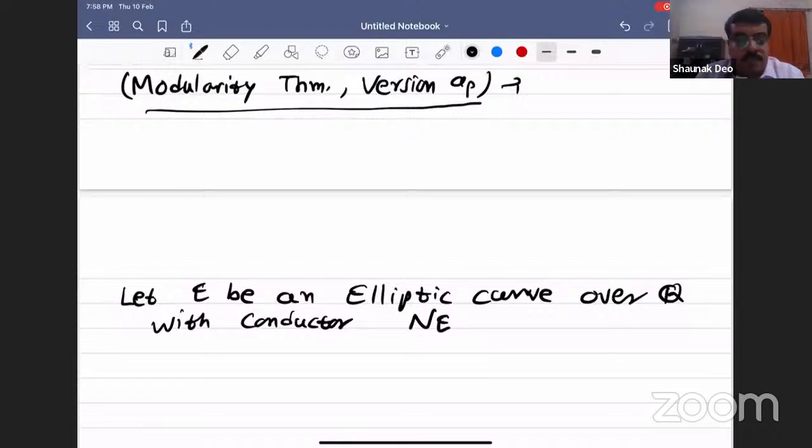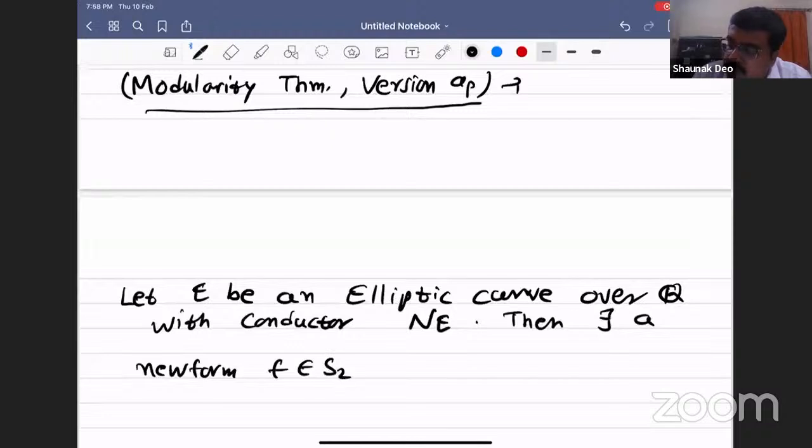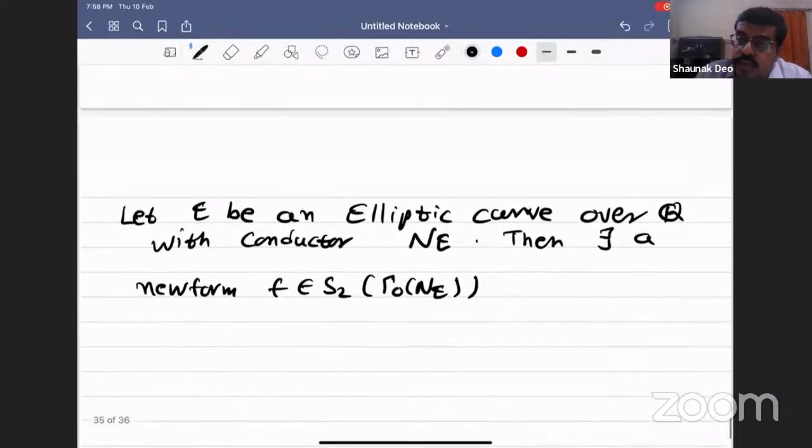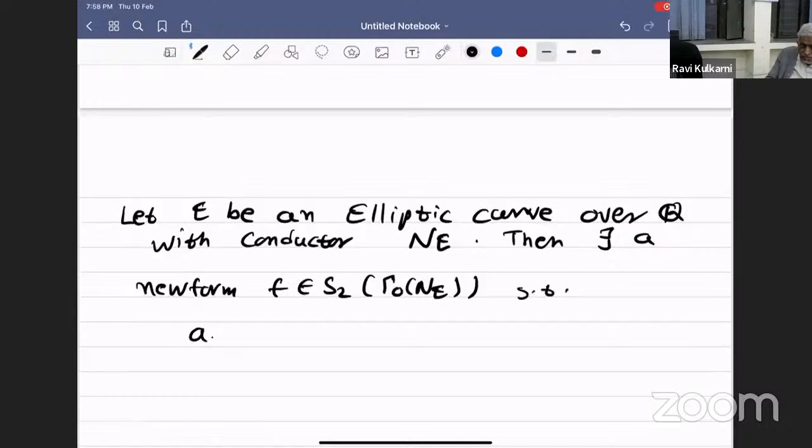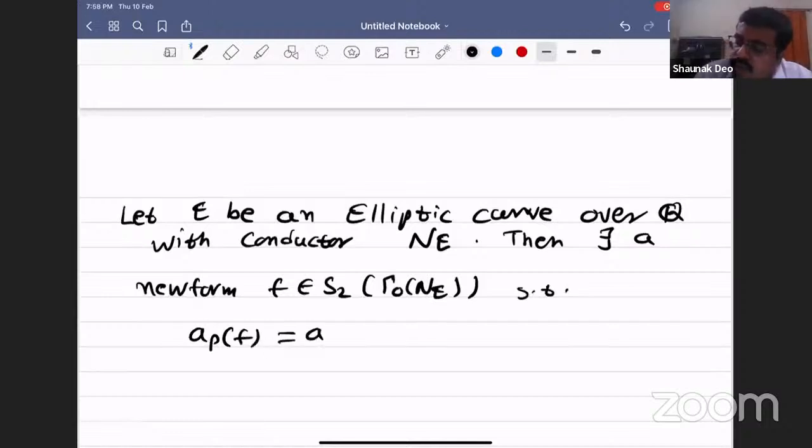Depending on that, we know what power of a prime divides NE. Then there exists a new form F in S2 of gamma naught of NE. So it has weight 2, level NE, and it's a new form, such that AP of F is AP of E for all primes P.